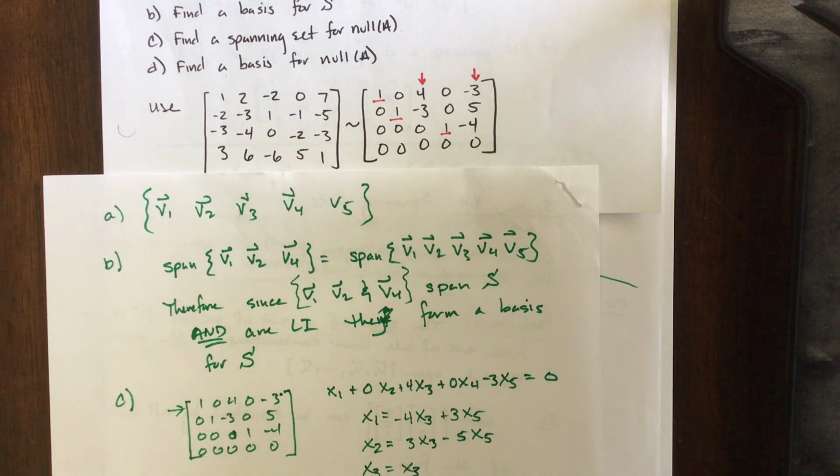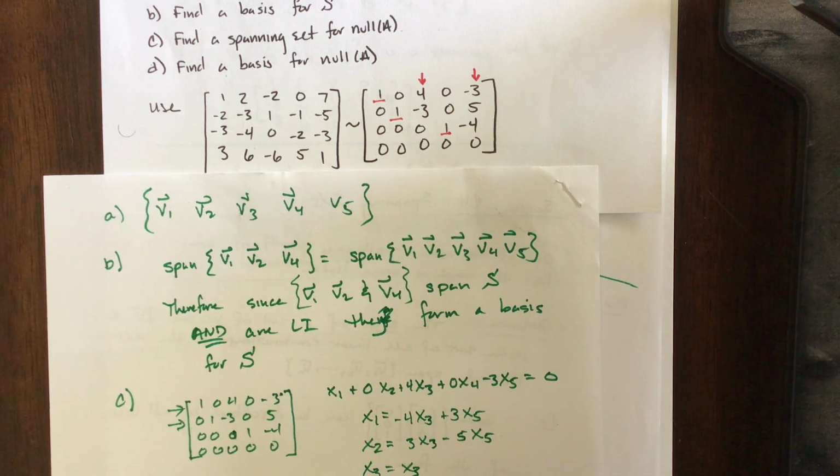It always is. And x2 is equal to itself, but I can use the information that's given to me in column 2 to tell me what x2 is. x4 is equal to 4x5, and x5 is equal to itself.